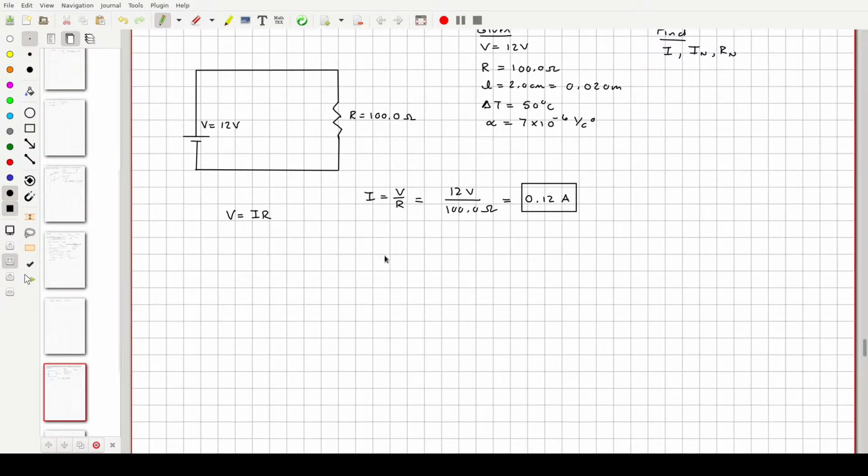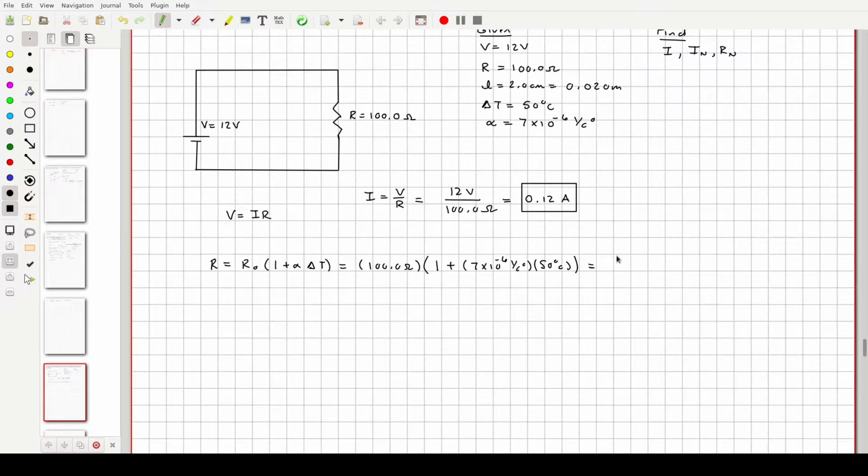Now let's look at how our resistance changes. So our new resistance is going to equal our old resistance times 1 plus alpha times delta T. Our old resistance was 100.0 ohms, times 1 plus alpha, which is 7 times 10 to the minus 6, 1 over Celsius degrees, times delta T, which is 50 degrees Celsius.